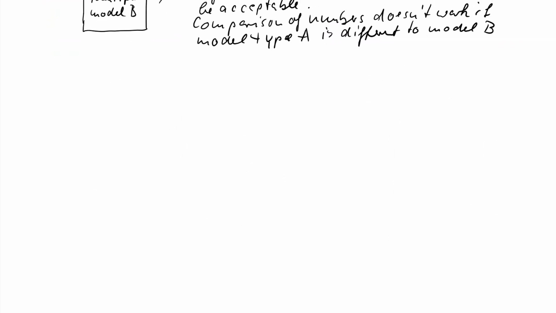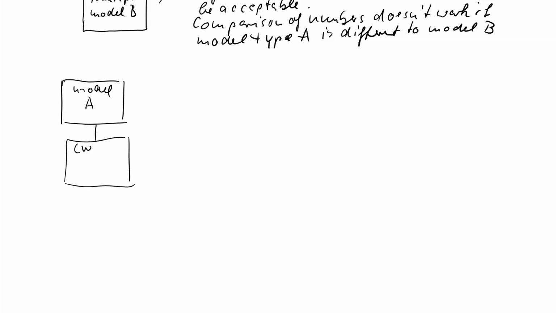So what we can do is the following. We have our model A, same steps as before. Model A. We of course create responses.